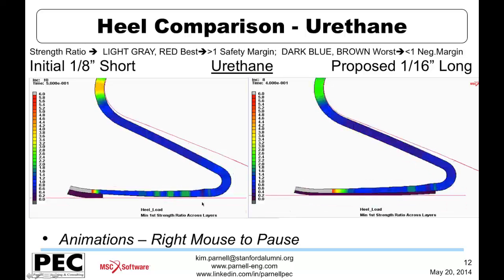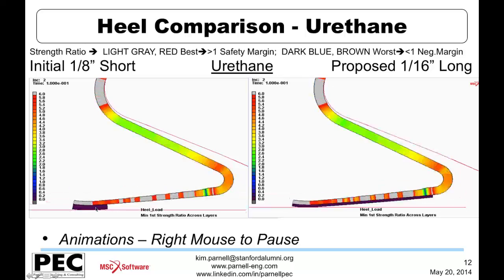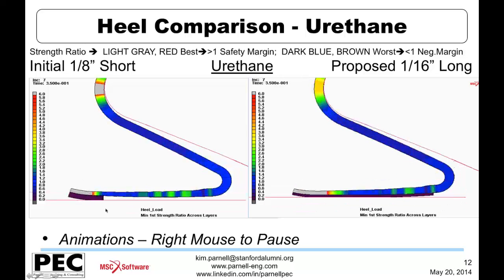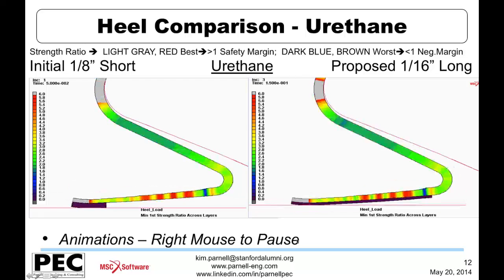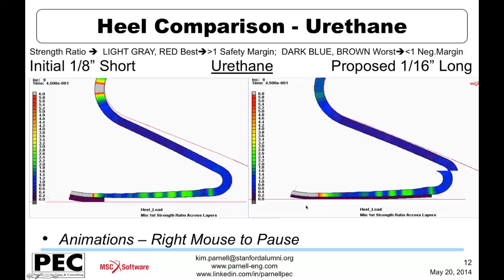So these animations show an overall comparison of the motion and response of the heel and the contact for this short and thicker pad on the left side and the longer and thinner pad on the right side.